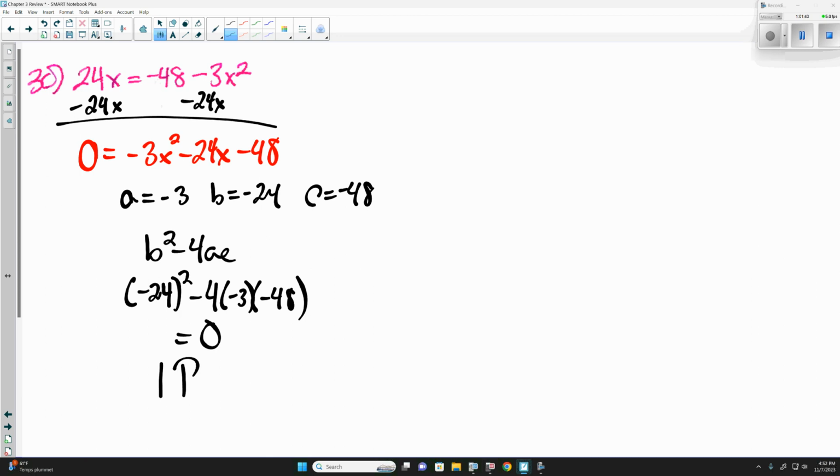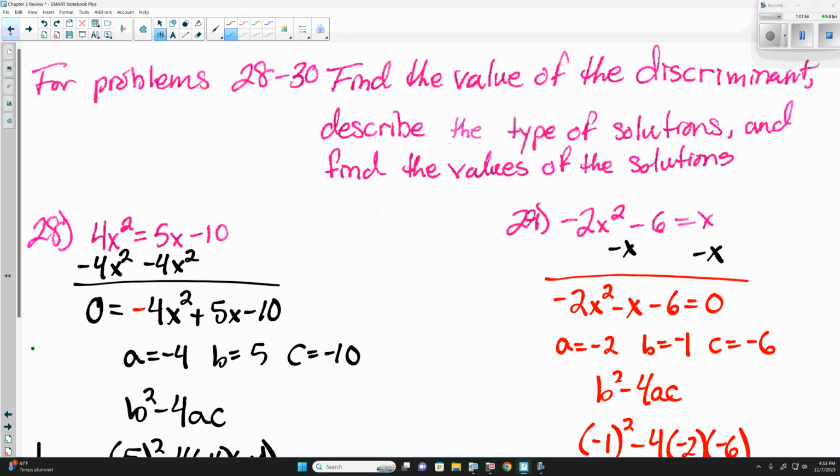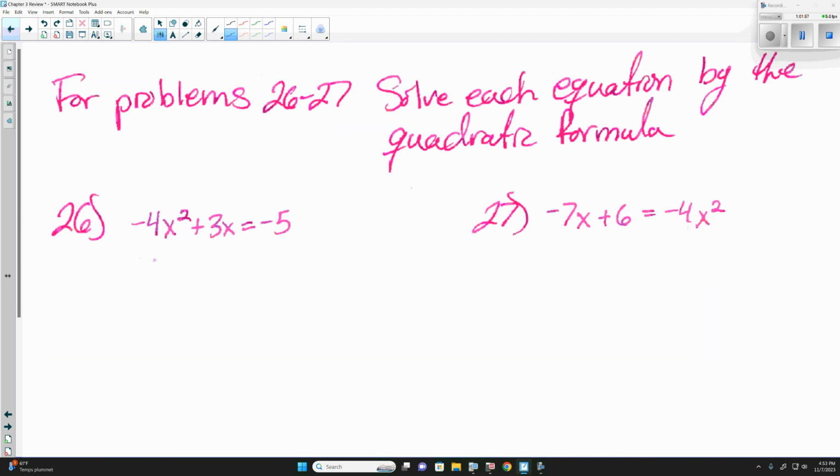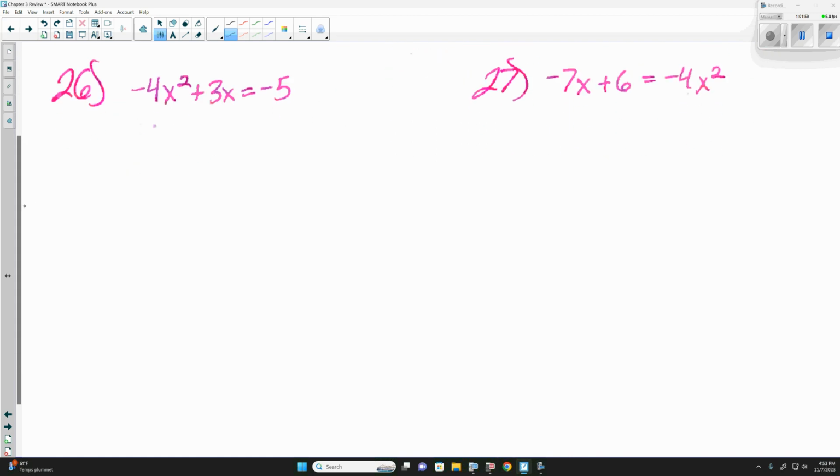And since it is equal to 0, we have one real solution. Now, if it had been greater than 0, we would have had two real solutions. So if the value is greater than 0, we have two real solutions. If it's equal to 0, we have one real solution. If it's less than 0, we have two complex.